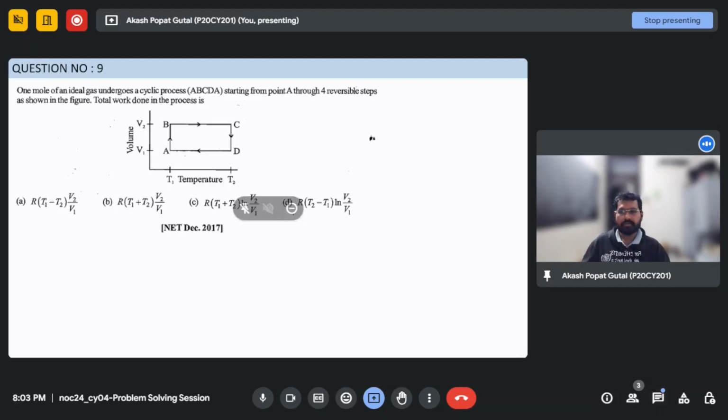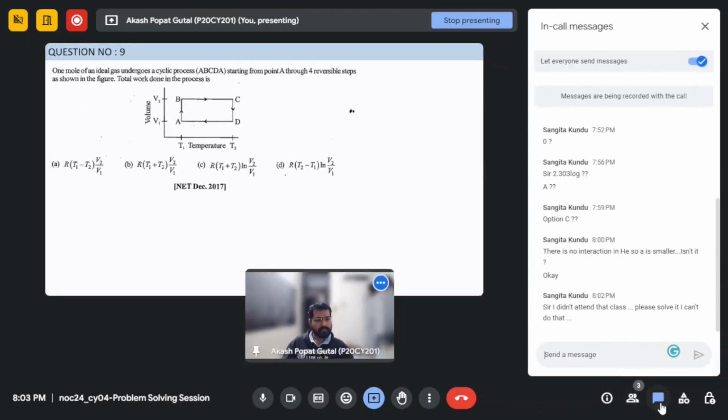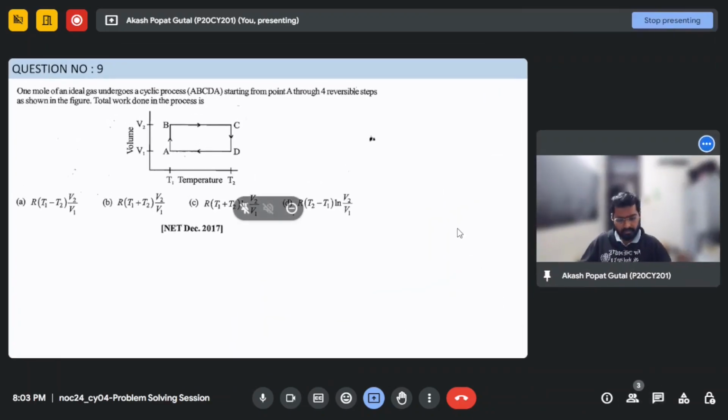Okay, fine. So we'll solve this question. The process is from A to B, then B to C, C to D, and D to A. We know that work only happens when there is expansion.